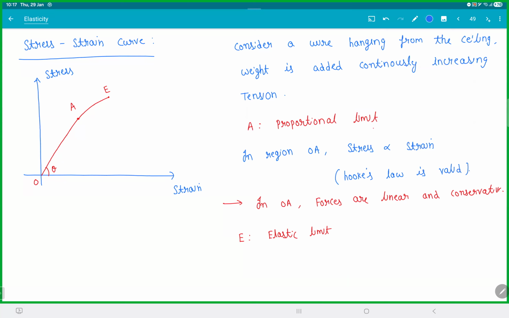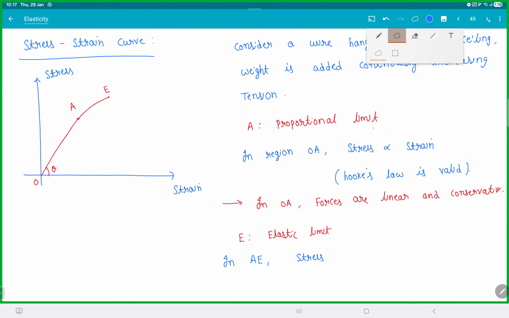When you go from A to E, remember, you're adding more and more weight, so stress is increasing. In A to E, stress is not proportional to strain. The function is not linear anymore. You can't use it as a spring.